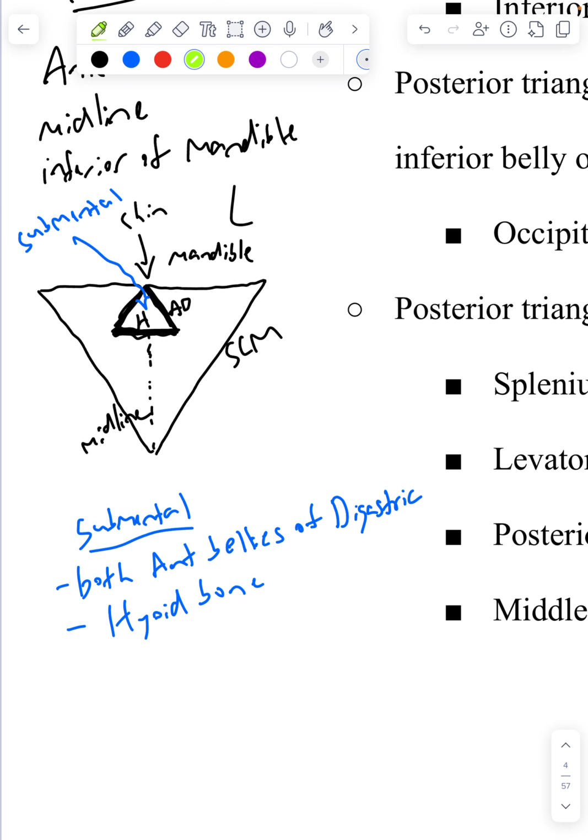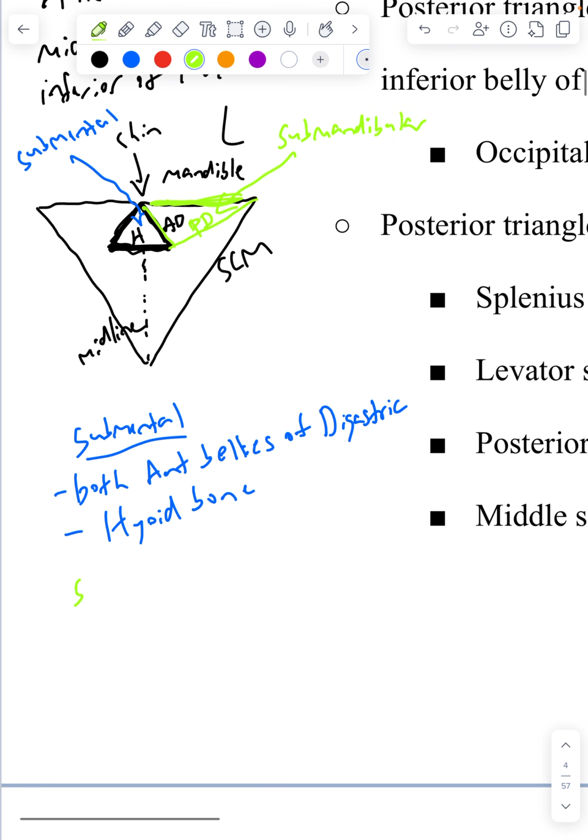Now, if we continue this digastric, so that's the anterior belly, now we're going to give it a posterior belly. So posterior digastric, and we know this top part is the mandible, so we have another triangle. So this green triangle is your submandibular triangle. The borders of this are anterior belly of digastric, posterior belly of digastric, and mandible.